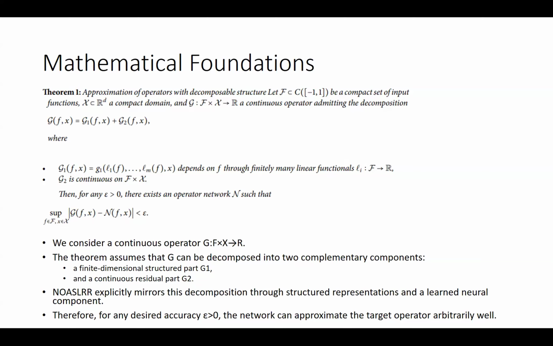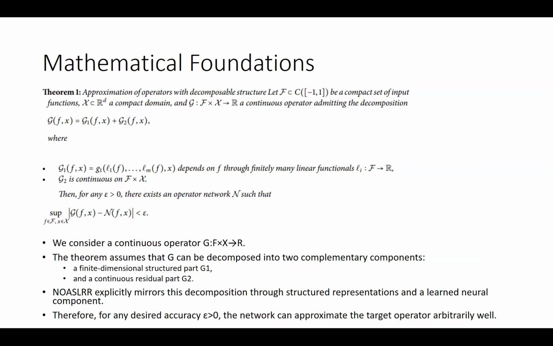So our architecture was designed to explicitly mirror this exact mathematical decomposition. The Chebyshev spectral branch and the low-rank branch are there to approximate the structured part G1. Meanwhile, the highly expressive MLP branch is perfectly suited to capture the continuous residual variations of G2.